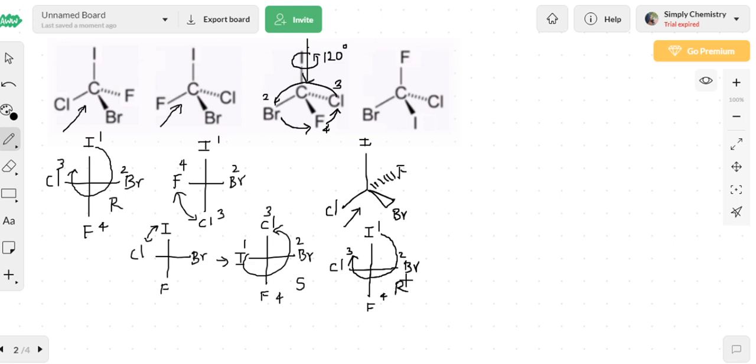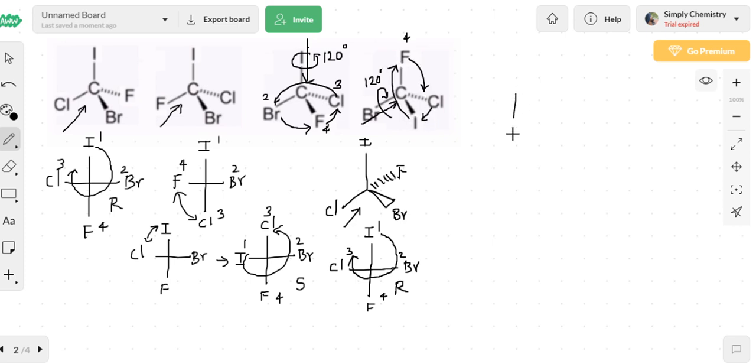So let us try to implement the rotation for the next one. You could see that now the least priority group is at the top. So we cannot use this angle or this axis for rotation. So why don't we try rotating along this axis with 120 degrees. So this group comes here, this comes here, this goes at the top.